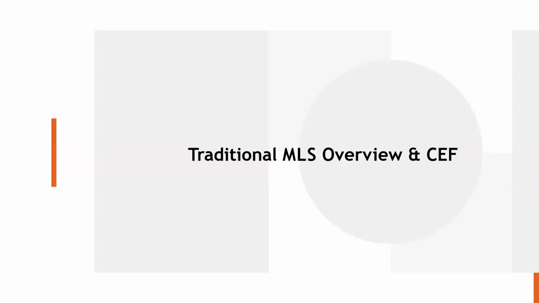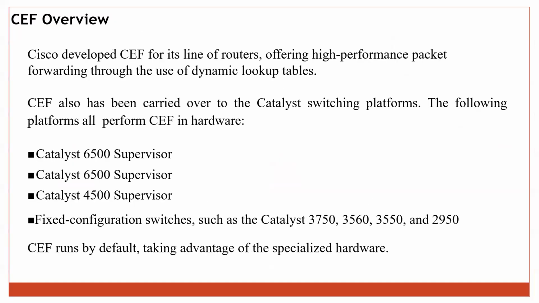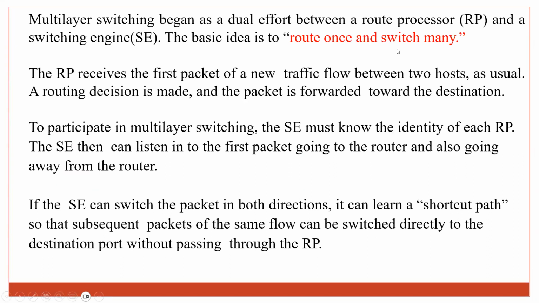In the diagram that I'm going to explain, I'll open it in 2 minutes, but before that, you can see multi-layer switching and Cisco Express Forwarding. So the funda here is route once and switch many. Route once means your control plane, let's go back to the diagram.